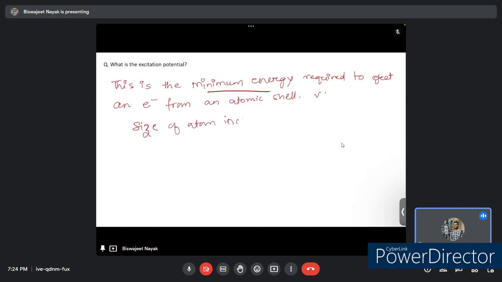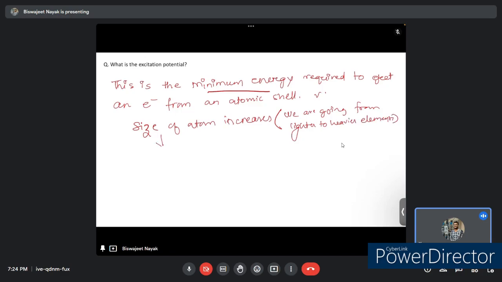What does this mean? This means as the size of the atom is increasing, we are going from lighter to heavier elements.